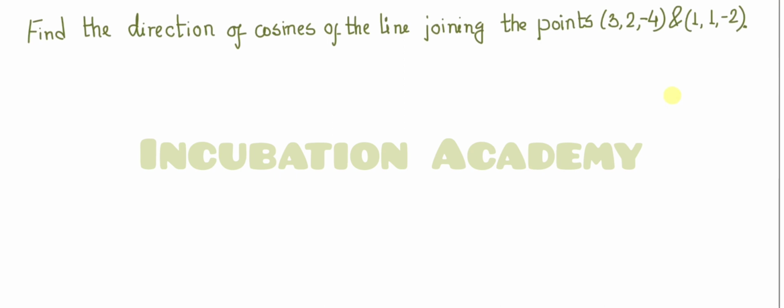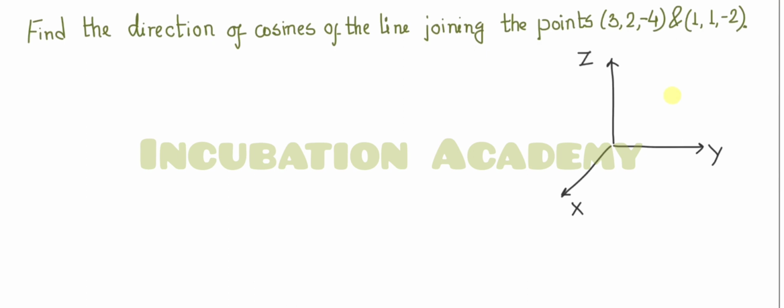If I say this is the three-dimensional axis, it represents a right-handed Cartesian coordinate system, where this is x, this is y, and this is z.